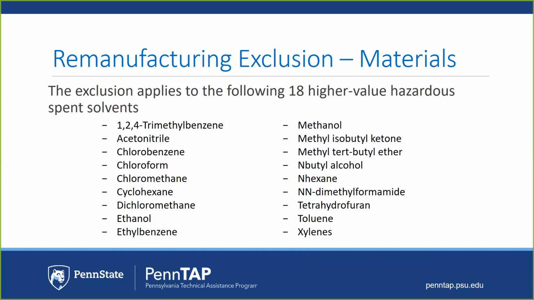These higher value solvents were selected because there are existing markets for all of these solvents to be remanufactured to serve similar purposes to those of the original commercial grade materials. Some of these are building block chemicals manufactured in high volumes. Others are specialty chemicals.